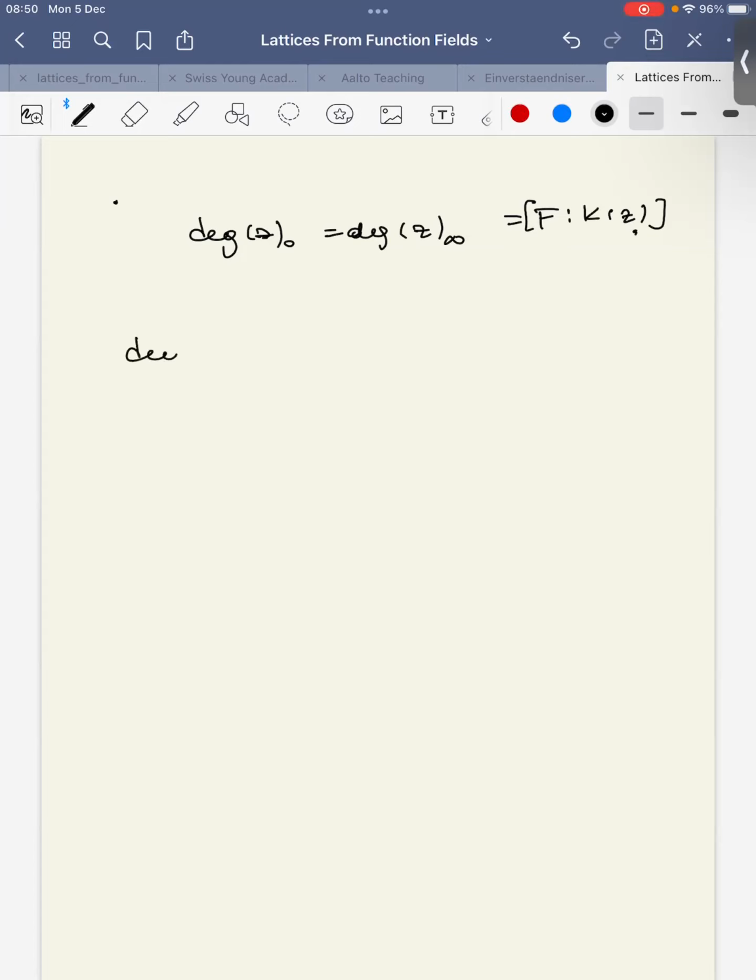Here, by the degree of z for a non-zero function, what we mean is the degree of its zero divisor, or equivalently the degree of the pole divisor.